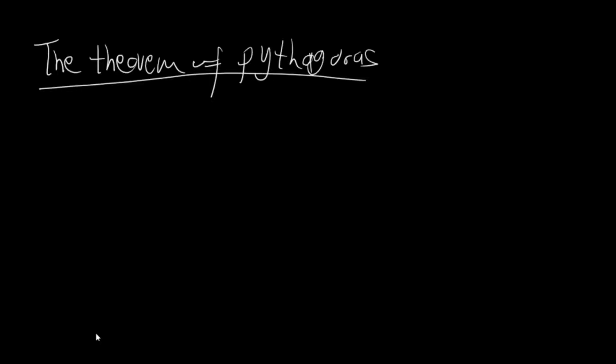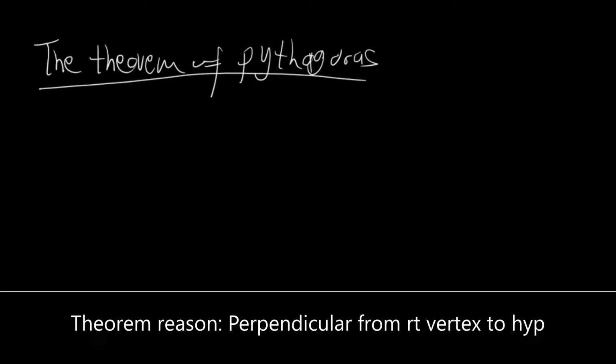Please check just at the bottom of this video, you'll see on your screen, I've written the reason of this theorem, the reason that you always have to use if you are proving or solving a problem that talks about the Theorem of Pythagoras. You can just state that reason. It's written there, and I won't remove it. It will appear throughout this video.